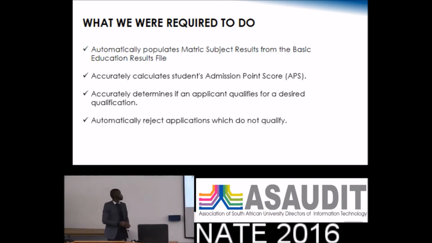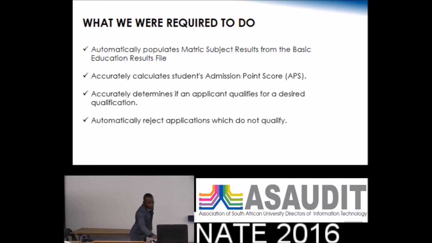We should be able to automatically reject all applications which do not qualify, because that's a lengthy process. Most people just apply to institutions hoping that they get admitted, even though they know that they don't really qualify. Okay.